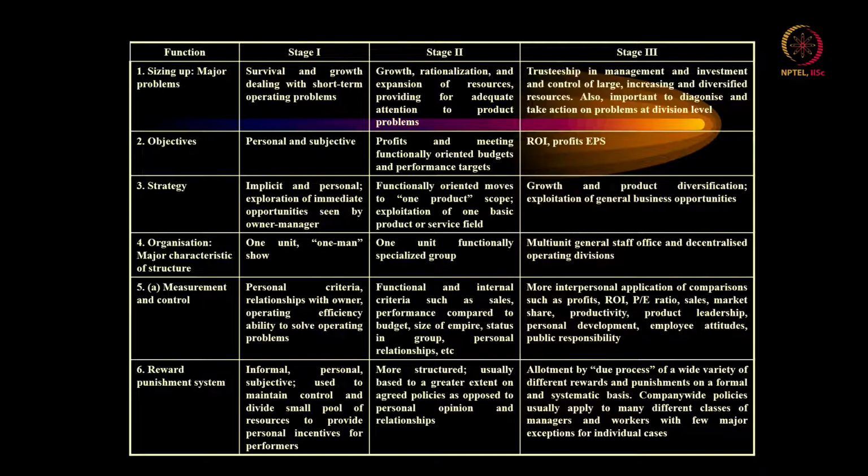Stage 2, functionally oriented moves to one product's scope, exploitation of one basic product or service field. In stage 2, you are not looking at several product lines, you want to confine yourself to a few products or a few product lines, many times one basic product and the others coming from this basic product.